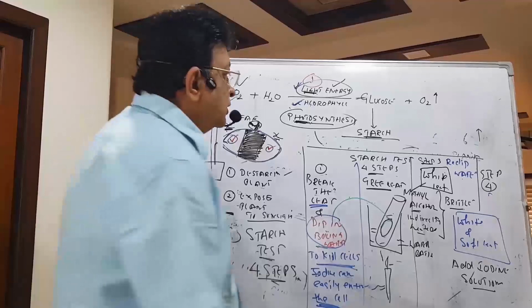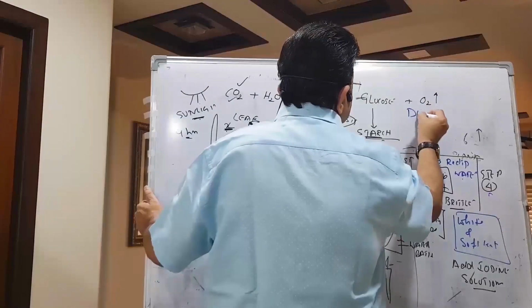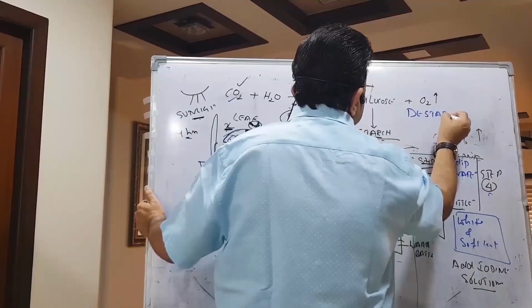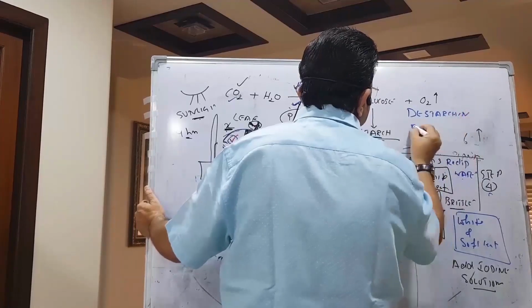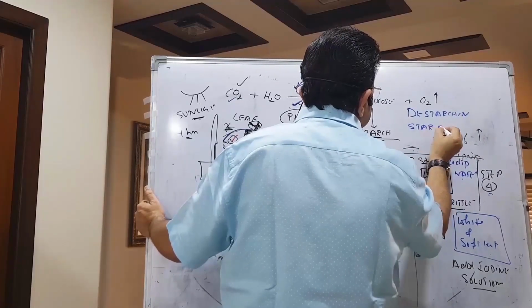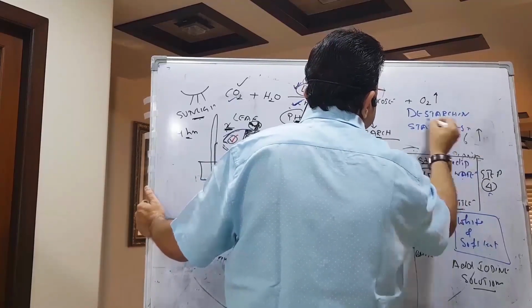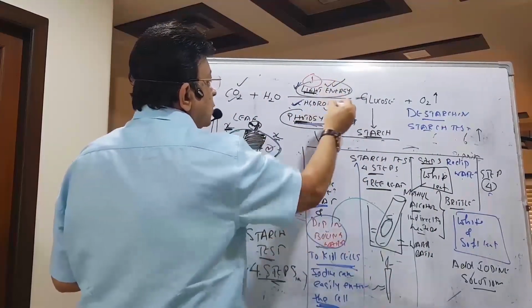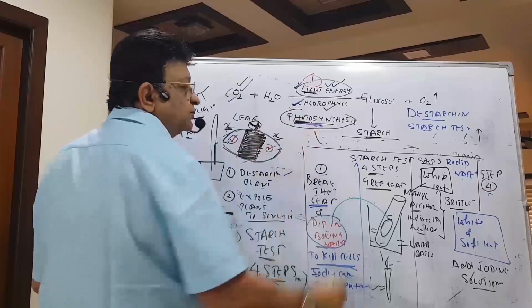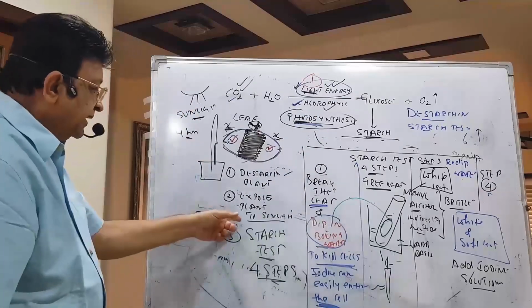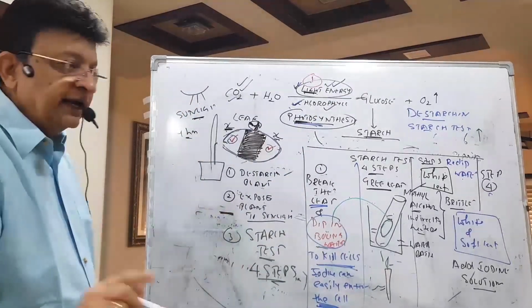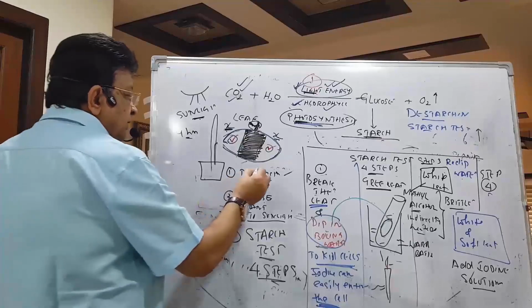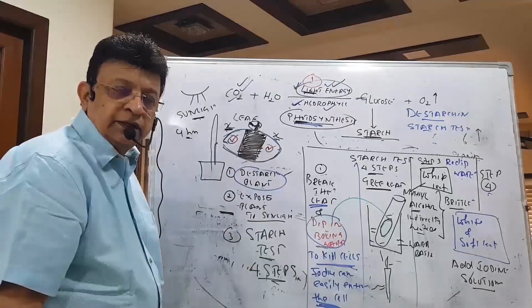So those are the 2 words which I have been telling you from the beginning of the class. The meaning of the words de-starching and starch test, required for experiments to demonstrate the requirement of external factors for photosynthesis. So I come back here. Again I begin. So first I have to de-starch the plant.